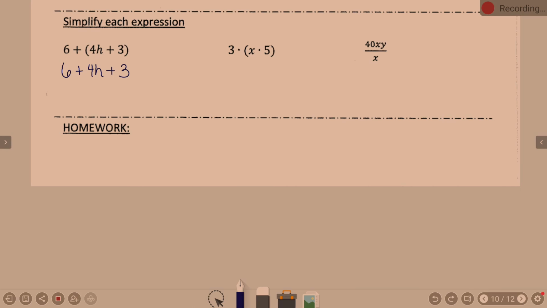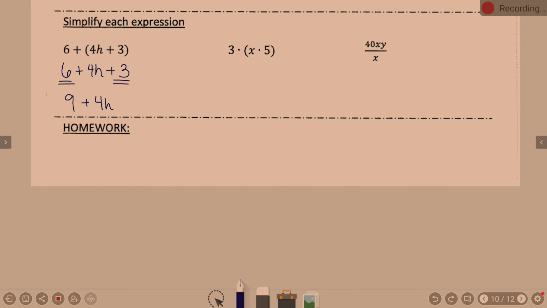Is there anything I can add? The 6 and the 3. Aren't 6 and 3 just regular numbers? So, what is 6 plus 3? 9. And then what else needs to be carried down? The plus 4h.